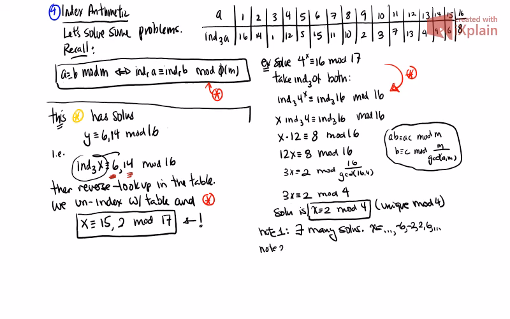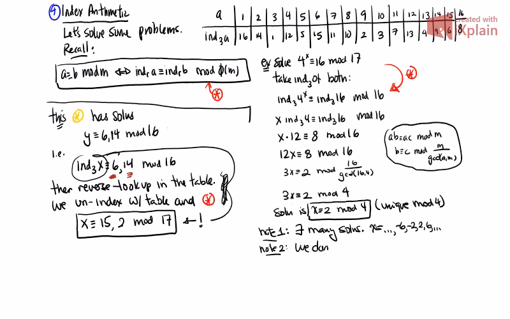Second note is that in the previous problem we had to unindex, like over here. The reason for this is that the x was wrapped inside an index and we had to get it out. Here the x isn't, right?